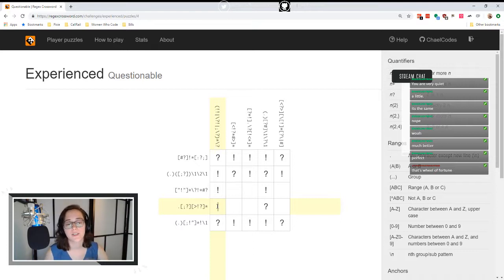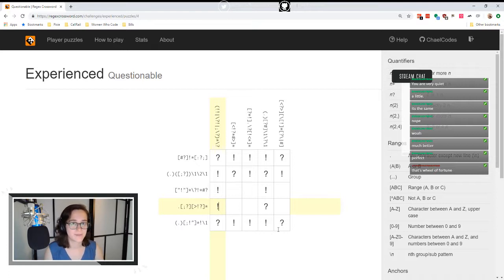So the capture group is 2 exclamation marks, or a question mark, exclamation mark, or a semicolon question mark, right? And then it ends in a question mark. The only one that starts with an exclamation mark is 2 exclamation marks. Yeah, and then this first character on the horizontal is a dot, which can be any character. Yeah, that maps. That maps.